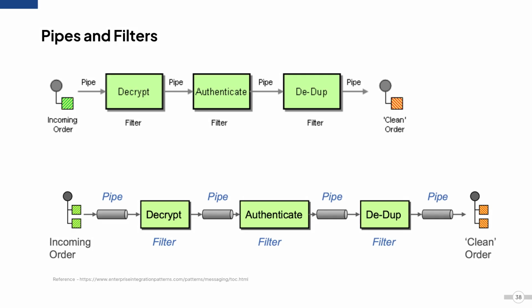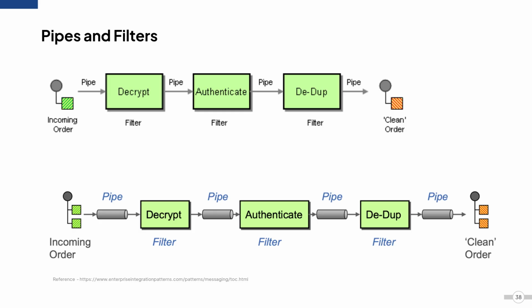So you may have an incoming order that may go into, because it may be coming in an encrypted format, your filter. Here the pipe is basically an API call in the first diagram, the top diagram, and you may be doing the decryption, and then you do an authentication service over a pipe.